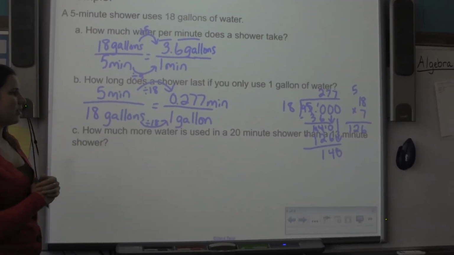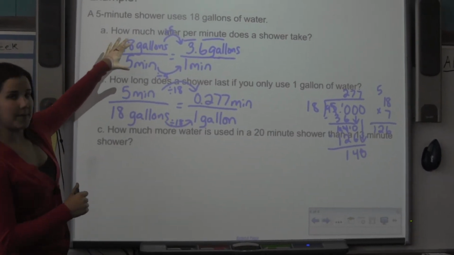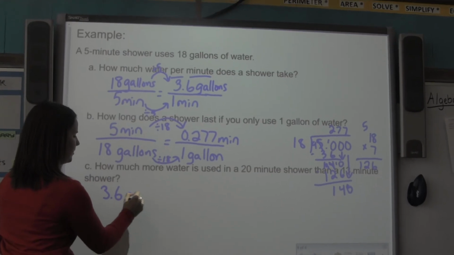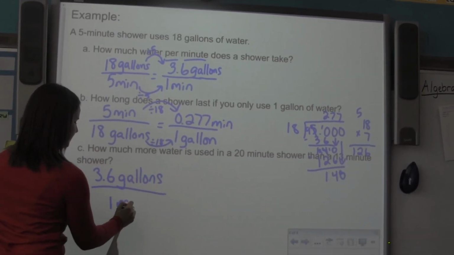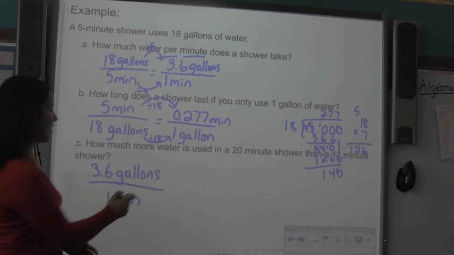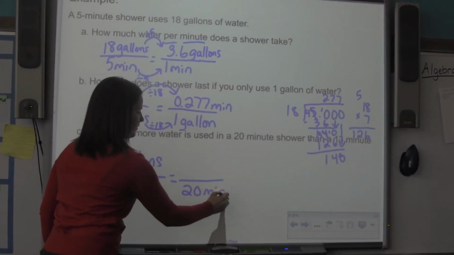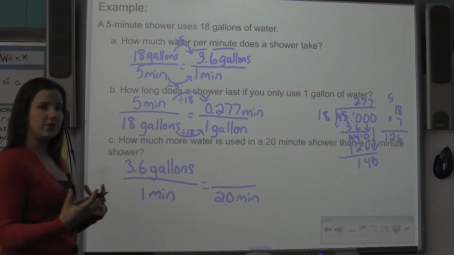How much more water is used in a 20-minute shower than a 13-minute shower? So I'm going to go back up here where I have 3.6 gallons per 1 minute. And I'm going to use that to figure out how many gallons I would use in a 20-minute shower and in a 13-minute shower, and I'm going to compare those two amounts.